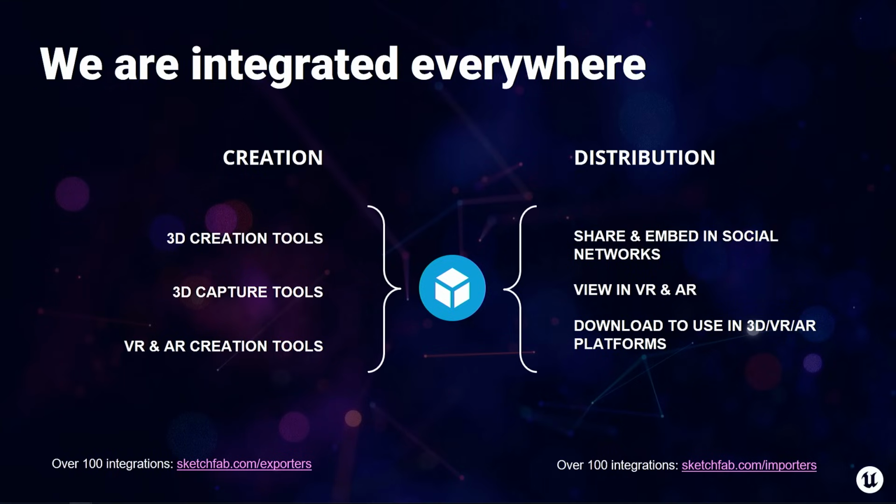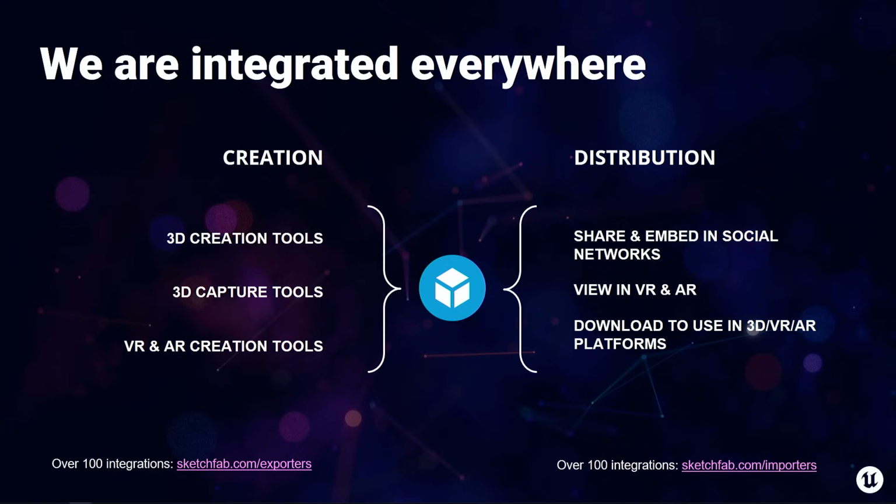And as I said, we're integrated anywhere. So with any of the 3D creation tools that you're using, you can directly import the model into Sketchfab, and then once you're ready, go in and adjust all the settings in Sketchfab. And once you're ready to share your work, you can easily share and embed on social networks.